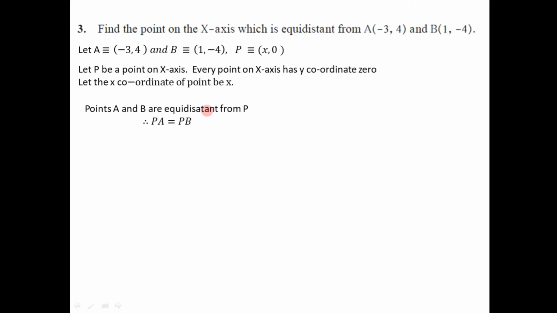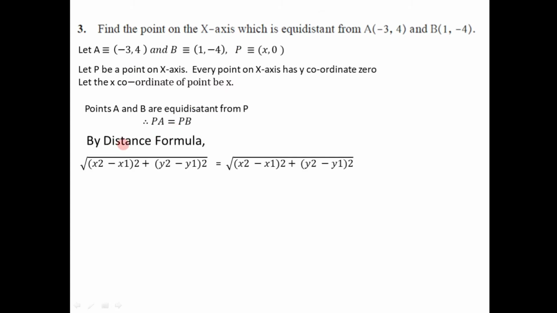We have to use this relation to find the coordinates of point P. Now here we are going to use the distance formula. So by the distance formula we can find distance PA by using the formula (x2 minus x1) whole square plus (y2 minus y1) whole square. And same is applied for finding the distance between point P and B.